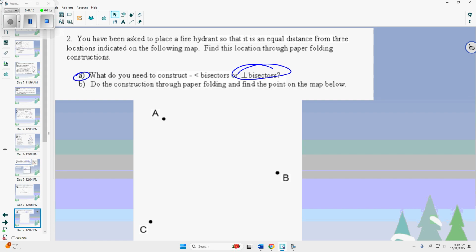How many of the angle bisectors and the perpendicular bisectors do you have to do? How many do you have to do to figure out where the lines meet? 2. So trace your triangle, fold 2 angle bisectors, fold 2 perpendicular bisectors.